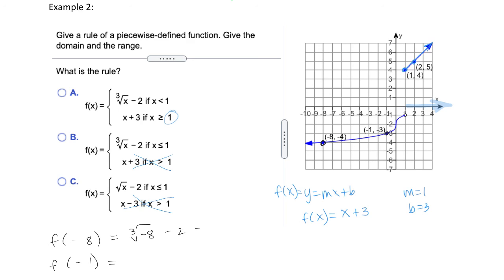That would be cube root of -8 is -2, minus 2, which is negative 4, and that does correspond to that point. And plugging in negative 1, cube root of negative 1 is negative 1, minus 2 is negative 3, and that does work for this point as well. Okay, so I'm feeling really good about my choice A.